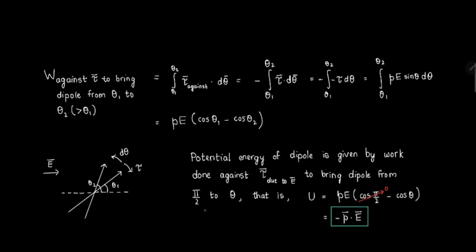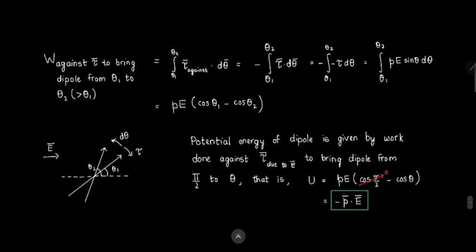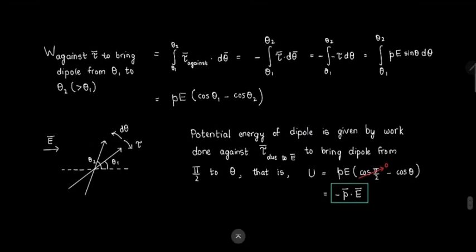This pi by 2 is by convention. There is no magic. If you choose a different convention, this would be the form. You can choose whatever convention you want, but in this case, it's pi by 2. At pi by 2, my potential energy is supposed to be 0. That is the convention.